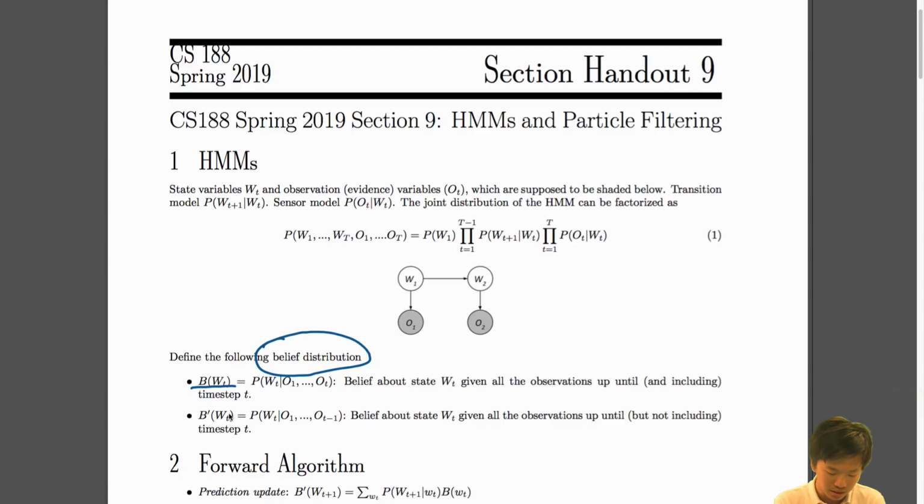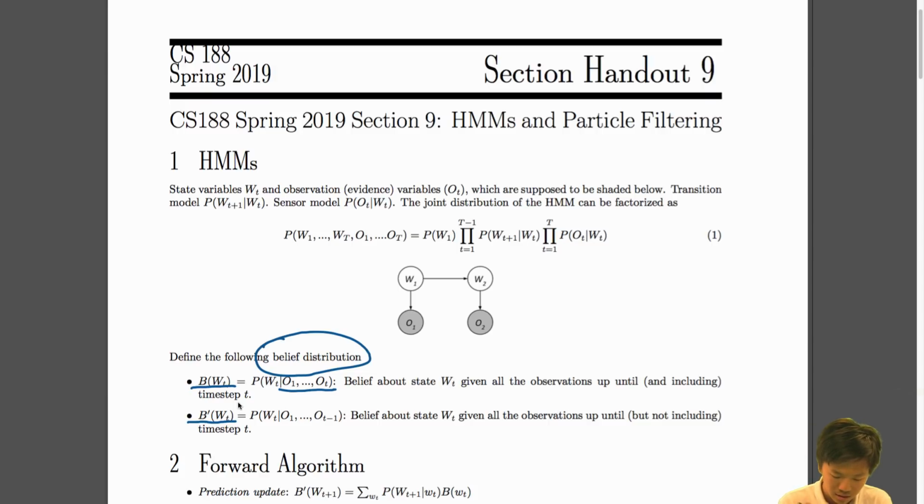So this is the distribution for the current hidden state at time t, given all the observations from time 1 to time t. One way to think about it is: if I have all the evidence, what would the distribution for the hidden state at time step t look like?